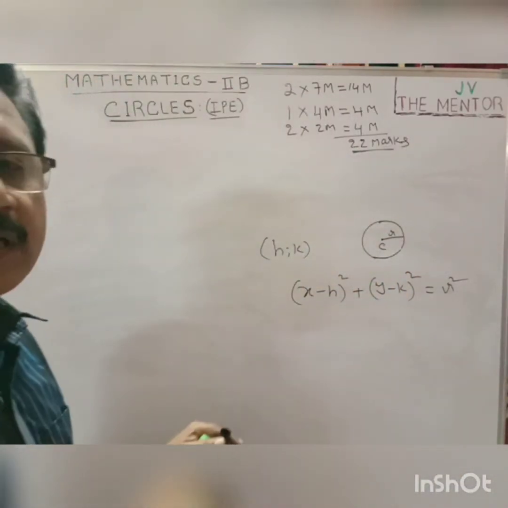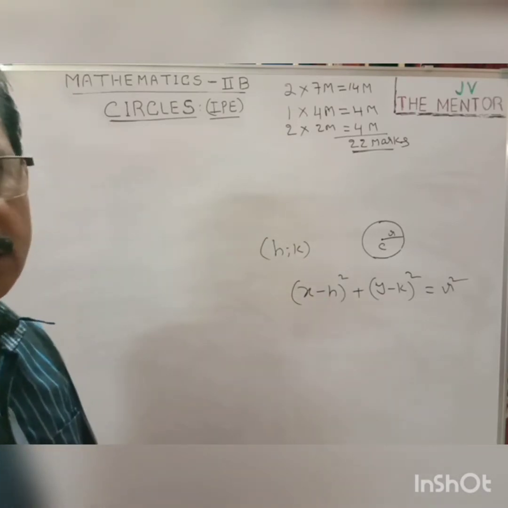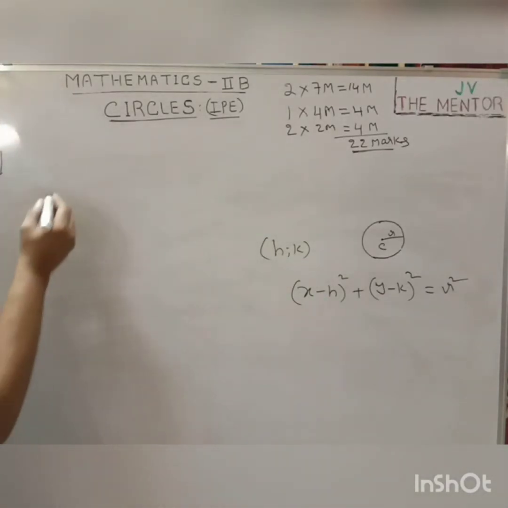This is the equation of the circle with the center h comma k and radius r.